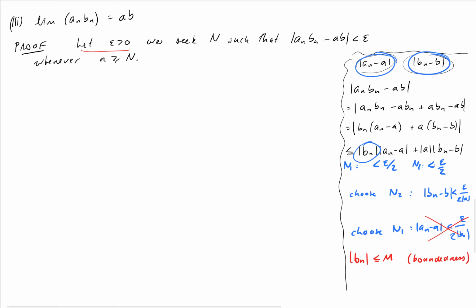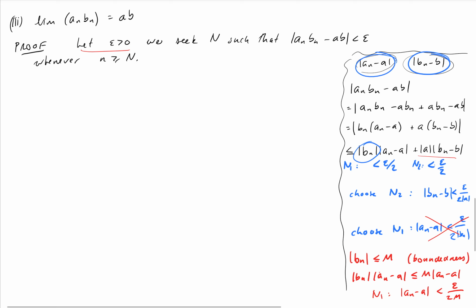So that means that this thing, |bn||an minus a|, is less than or equal to m|an minus a|. And now we just have the situation we had on this second piece over here. So we'll choose our n1 such that the absolute value of an minus a is less than epsilon over 2m. Cool. That's going to make it all work.